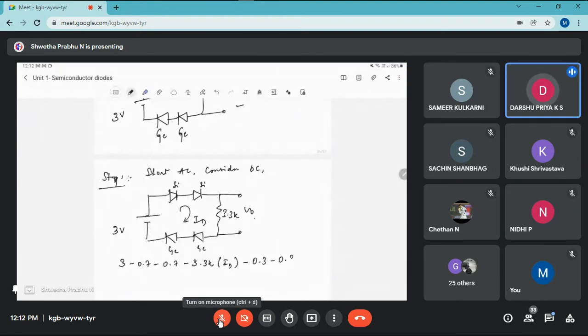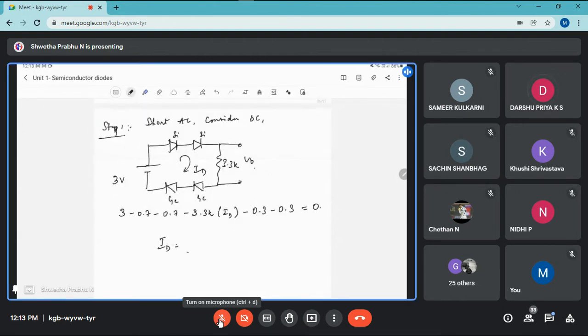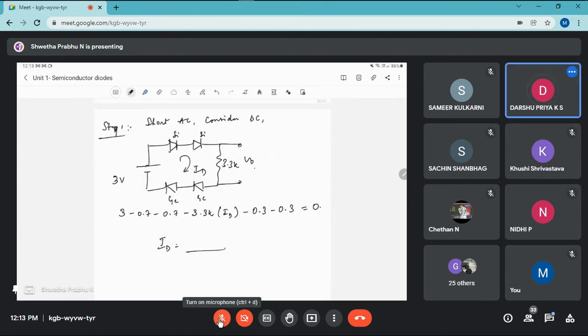Minus 0.3 is equal to 0. Right. Very good. Correct. Find ID. 0.303. Correct.